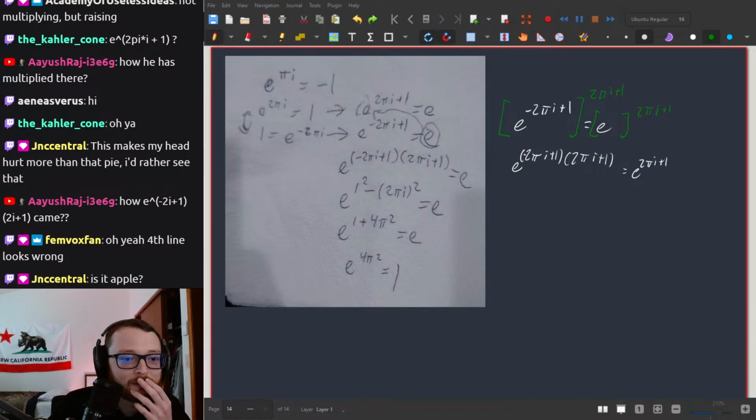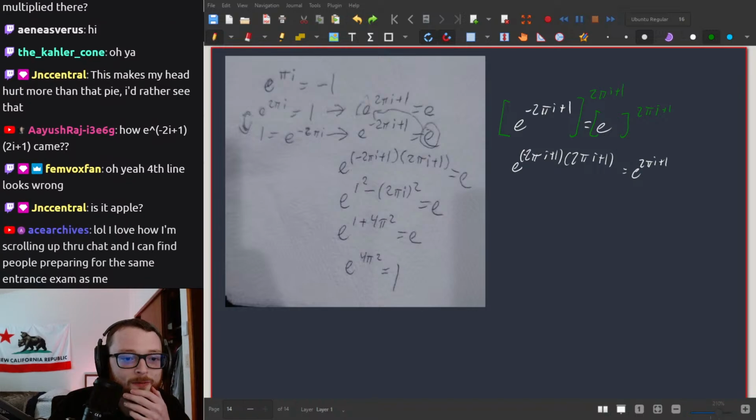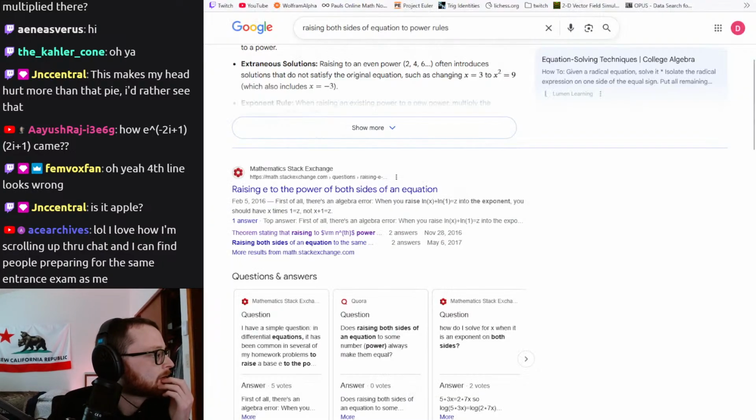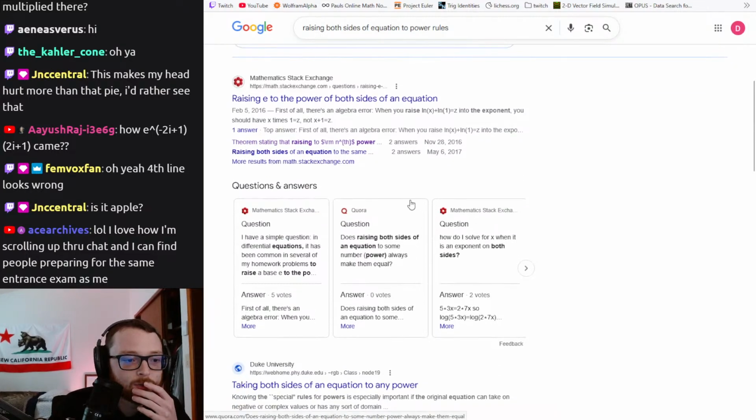There's some weirdness. You can make some contradictions when you take two sides of an equation to a power. And I'm trying to find what the issue is.